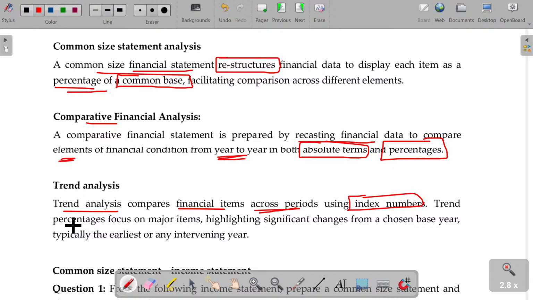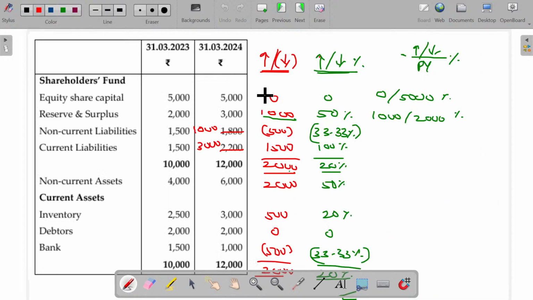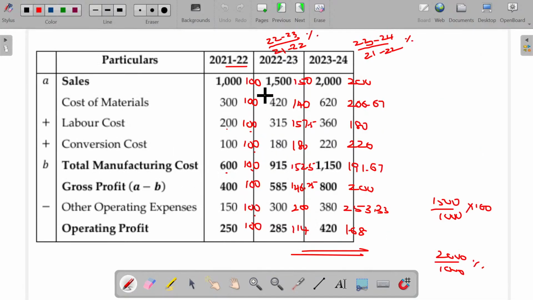Trend percentage focuses on major items, highlighting significant changes from a chosen base year. Typically, the earliest or an intervening year. Usually, the earliest year will be taken. So here, the earliest year being 21-22. From this year, you can easily see sales grew almost 2 times.